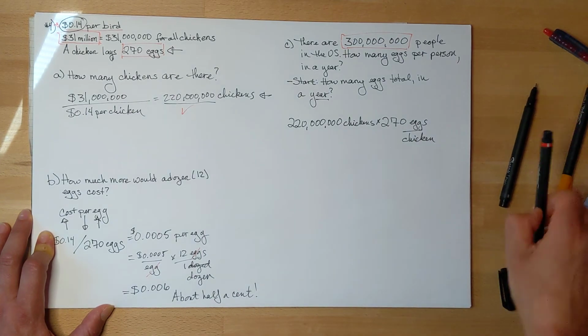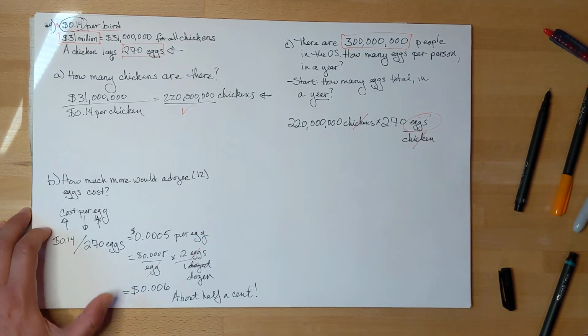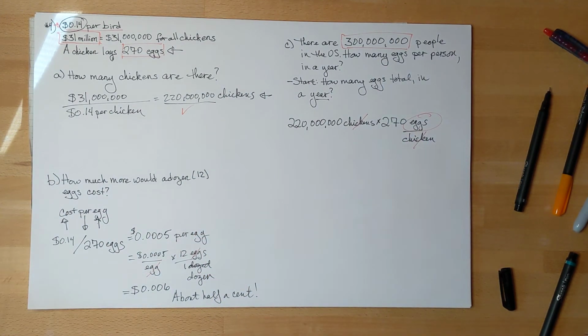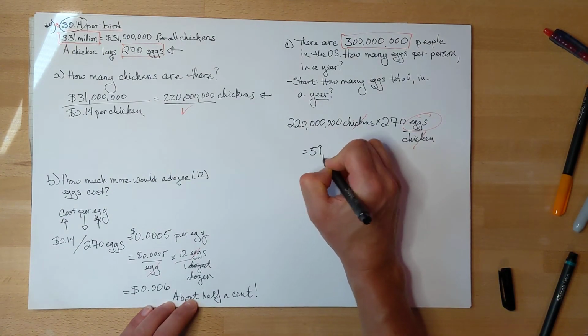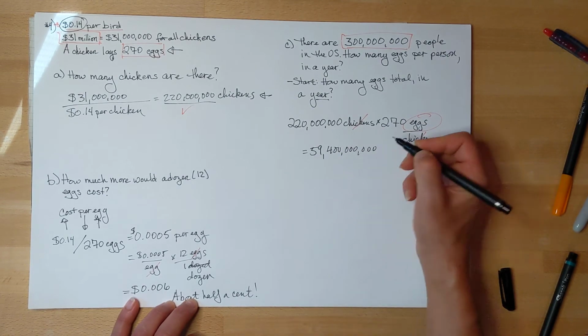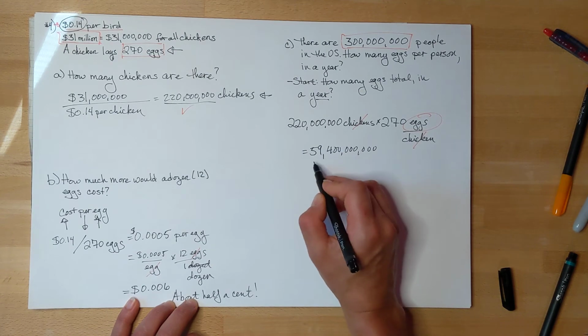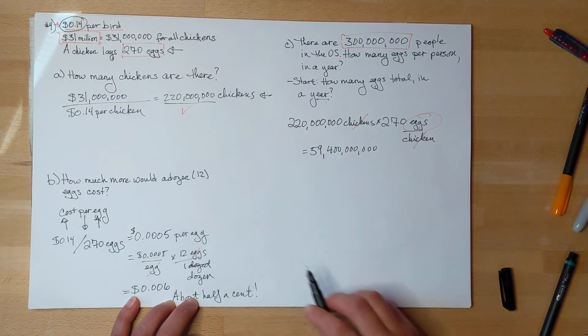And if I do that, then my chickens are going to cancel out and leave me with the number of eggs, and I will get 59,400,000,000, about 60 billion eggs laid every year.